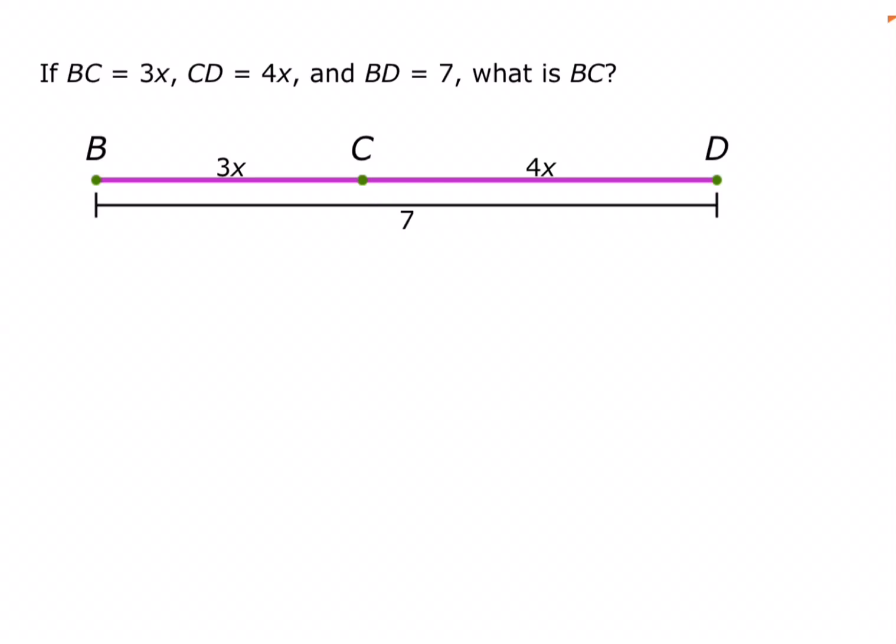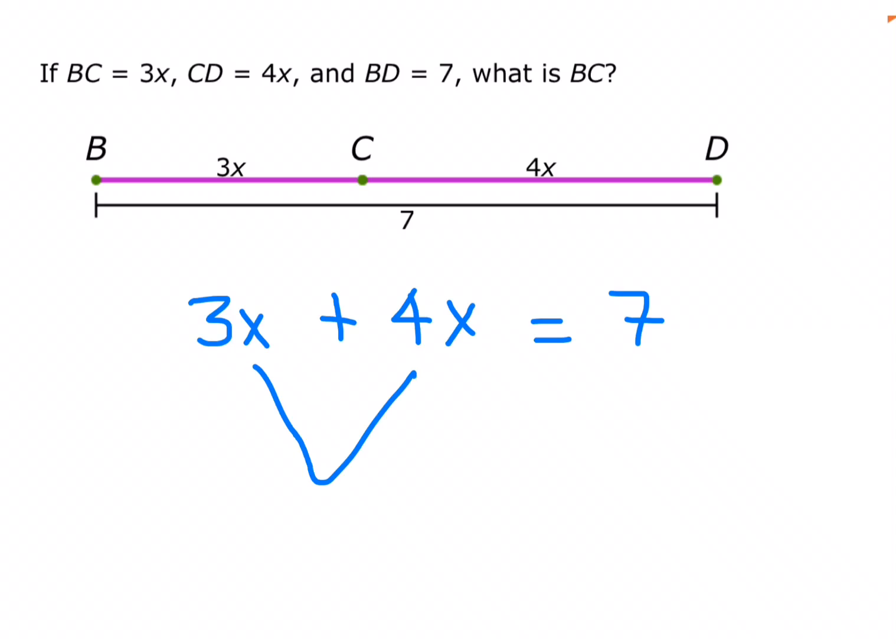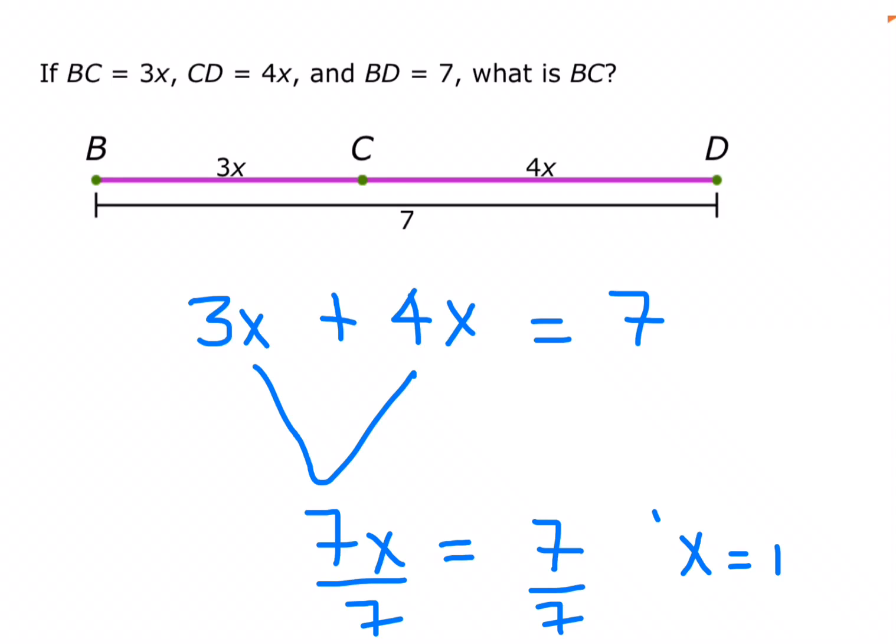So I'm going to say 3x plus 4x is equal to 7. Now we can combine our like terms. These two become 7x. 7x is equal to 7. Divide by 7, divide by 7. X is equal to 1.